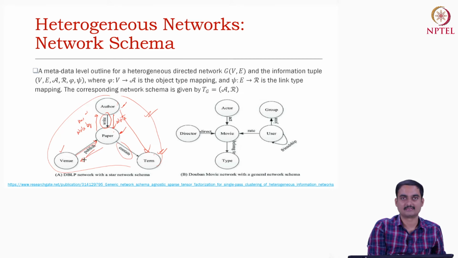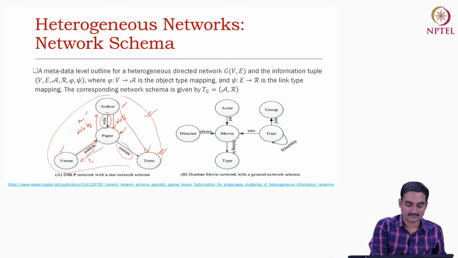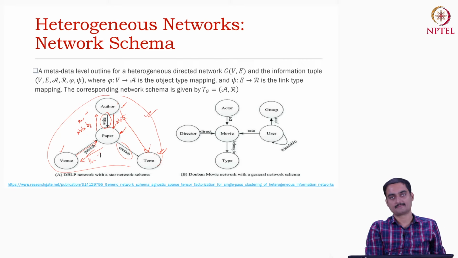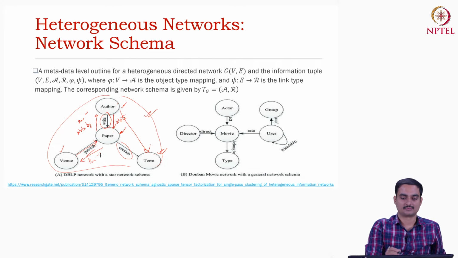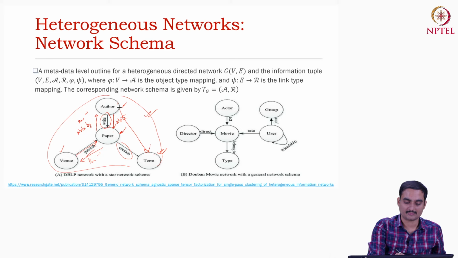The same relation exists from paper to venue with the link publish inverse, or published by, and so on. So if I move from author to paper, am I allowed to move from paper to author? Yes, through this link.